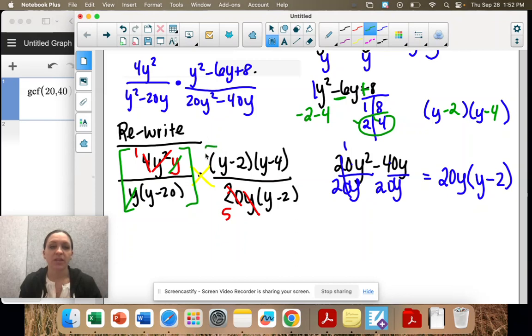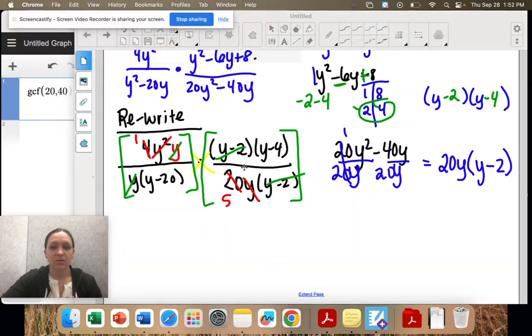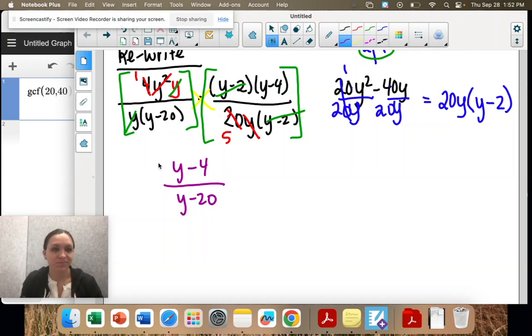Okay, and then this fraction, what is the same? The y minus 2. So let's rewrite what we have left here. Moving that because I want more space. So on my numerator, the only thing left is y minus 4. And then on the denominator, the only thing left is y minus 20.